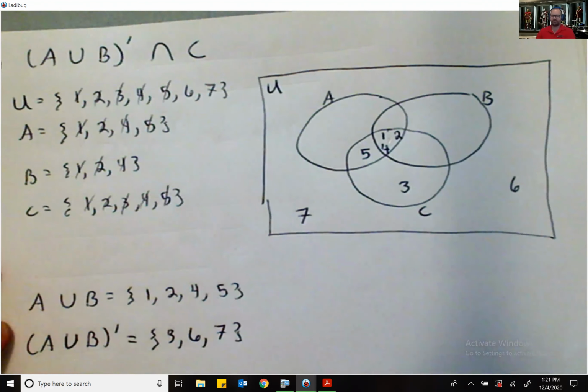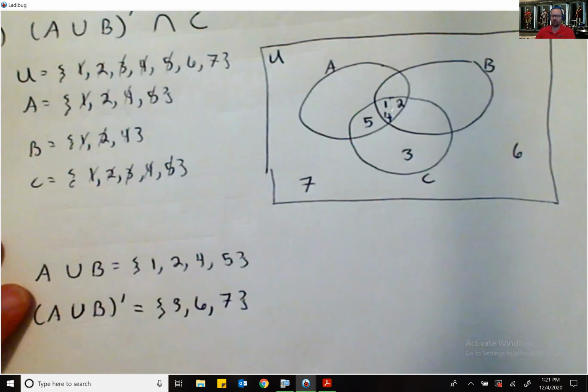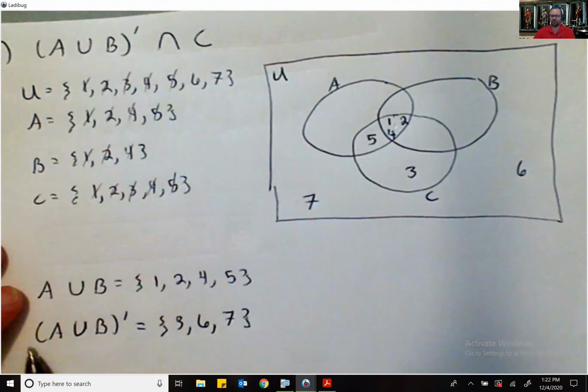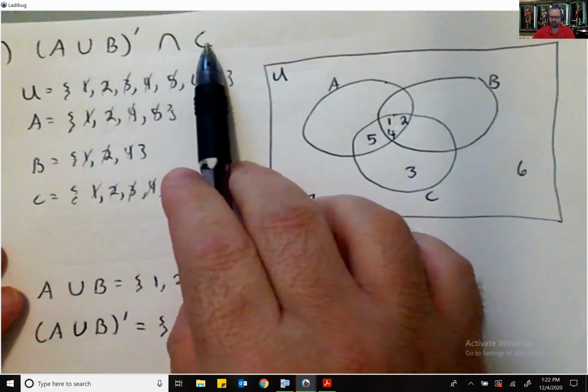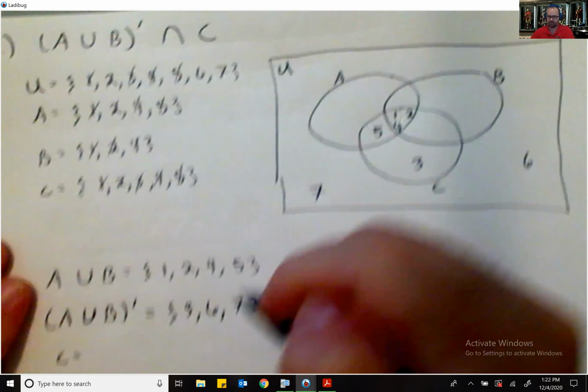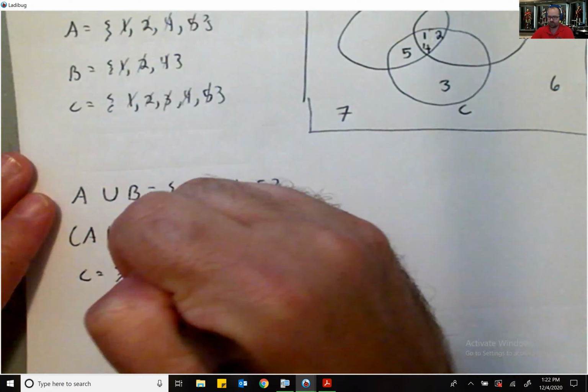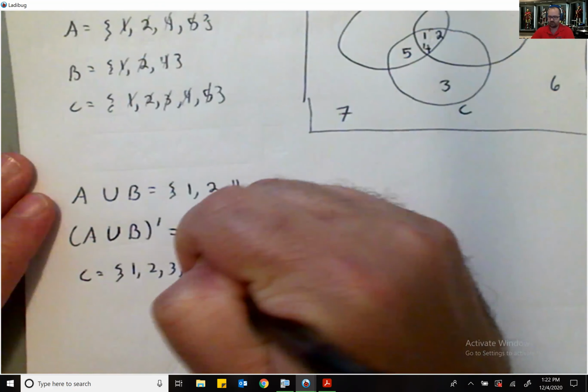There's the complement. And now we want the intersection of this with C. Again, just to remind you, C, since we did some crossing off, is 1, 2, 3, 4, 5.